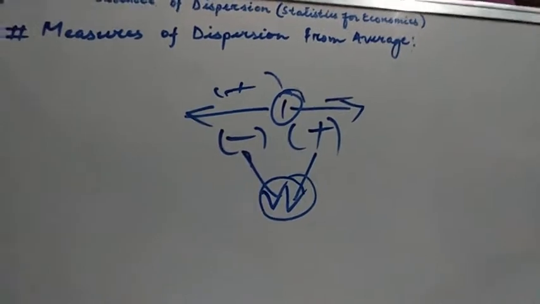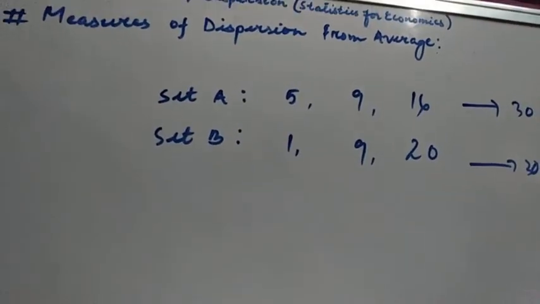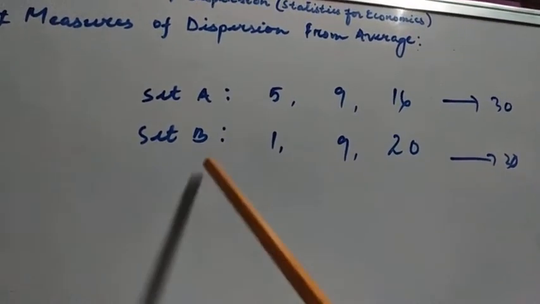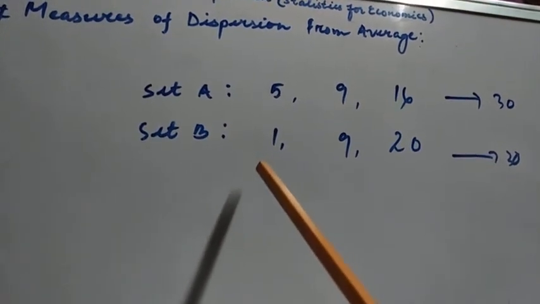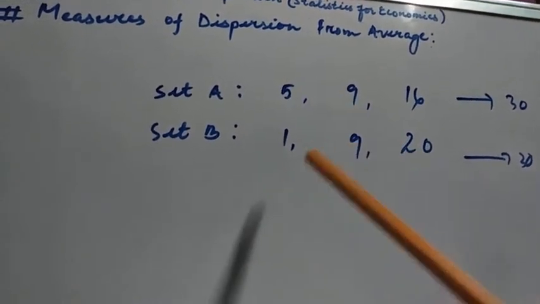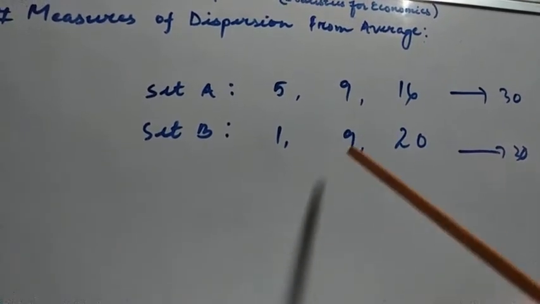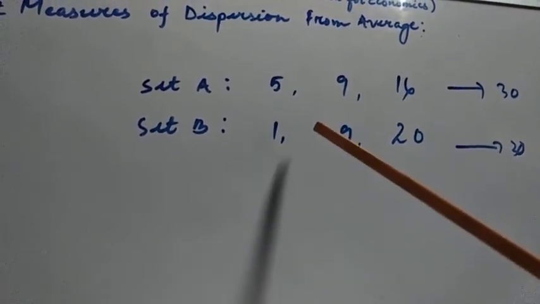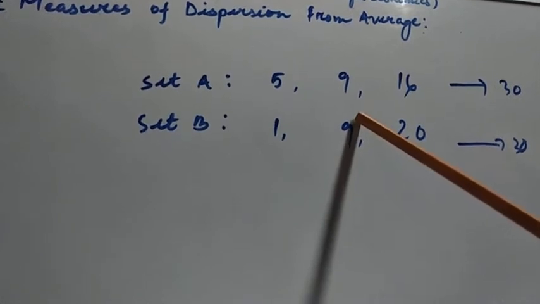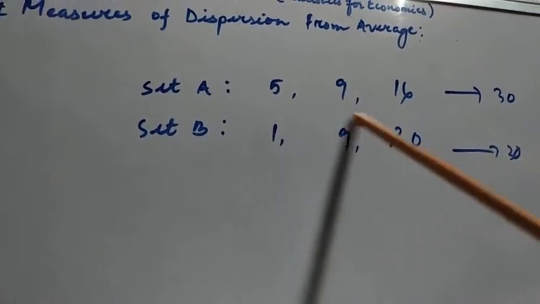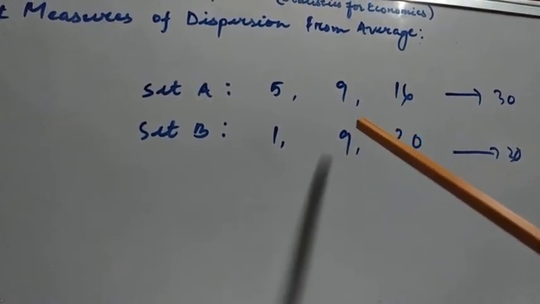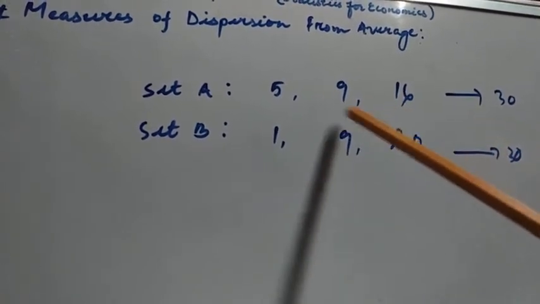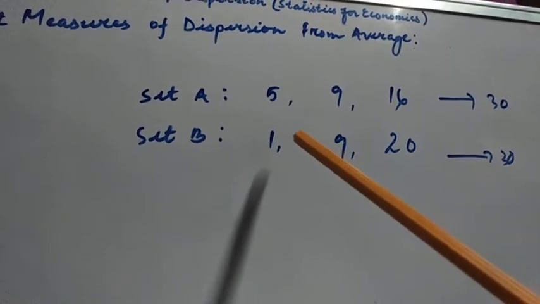So let's look at this example, set A and set B. You can see that the values in set B are much farther, spread more widely from the average than those in set A. So the values in set B are farther from the average and hence more dispersed than the values in set A. Average means the middle one, with both negative and positive sides.